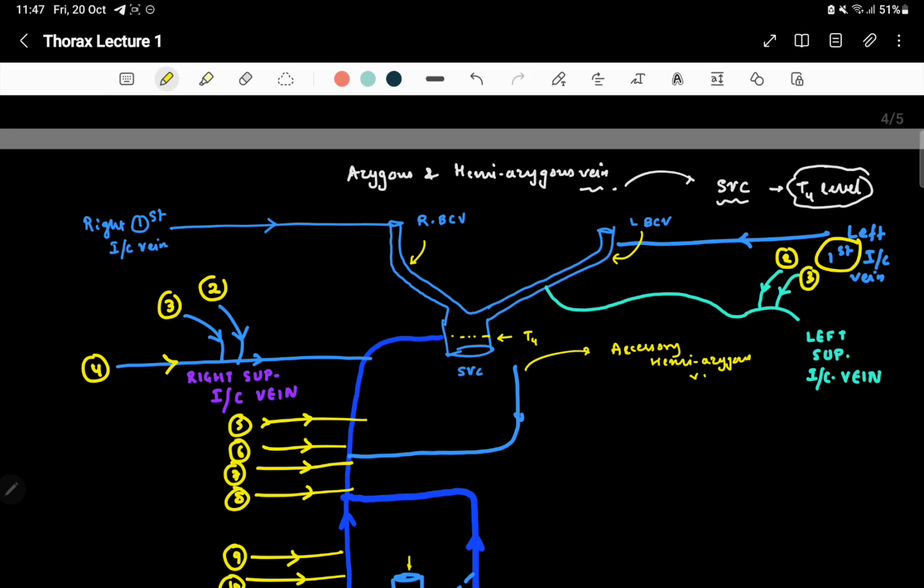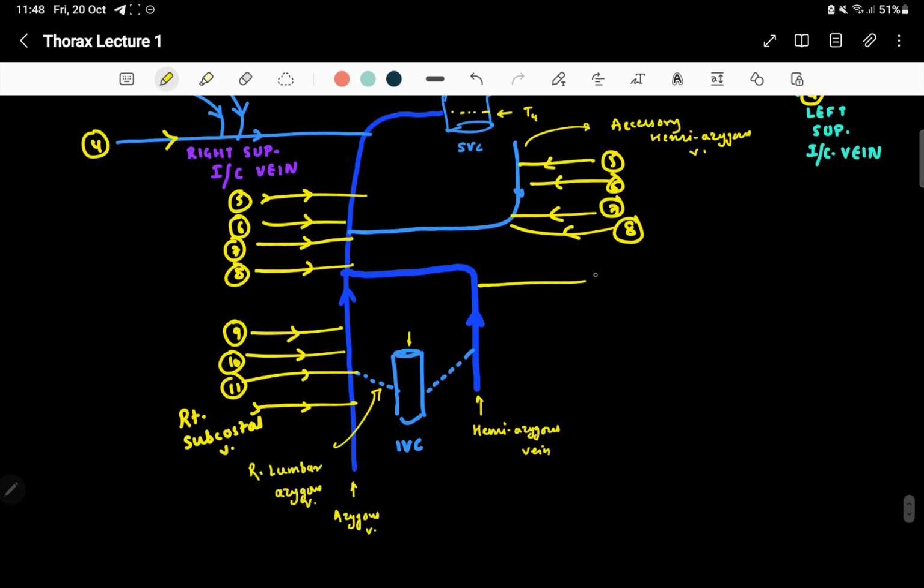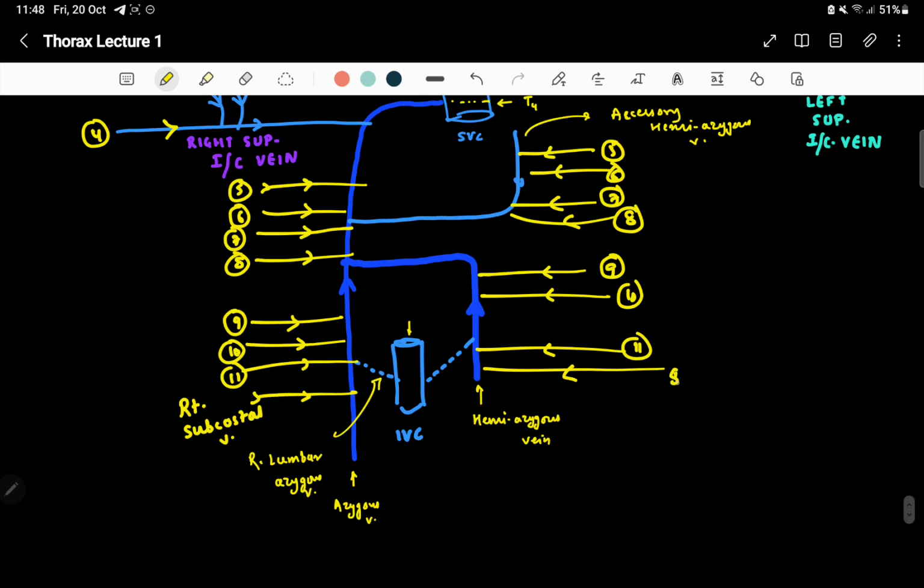The third one has the same course, and the fourth one also the same course. The fifth one drains here, sixth one drains here, seventh and the eighth. And into the hemiazygous, the ninth one drains, the 10th one drains, the 11th one drains, and your left subcostal vein also drains here.